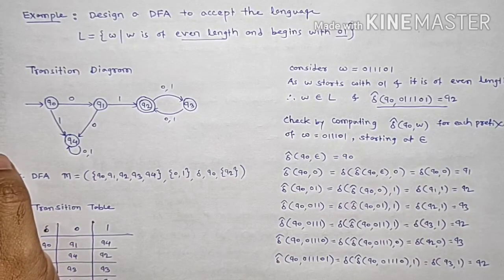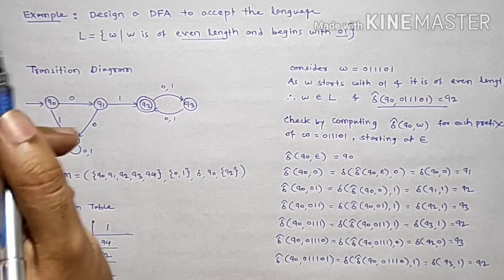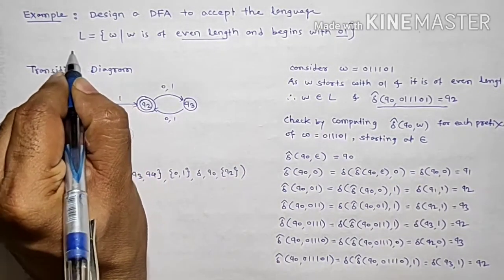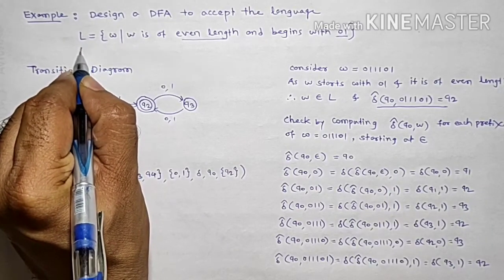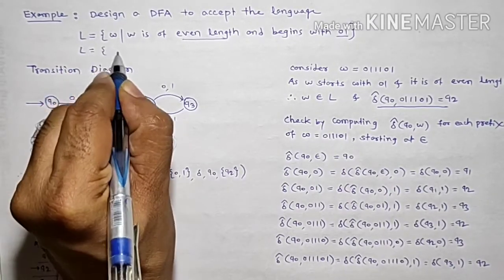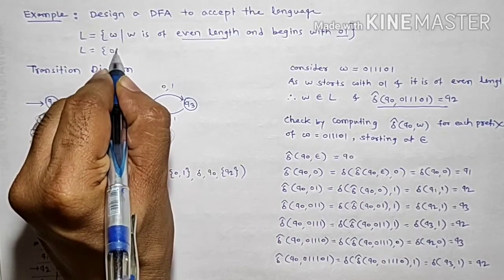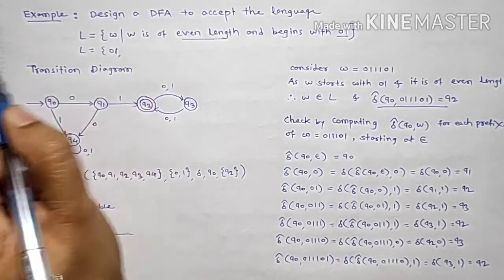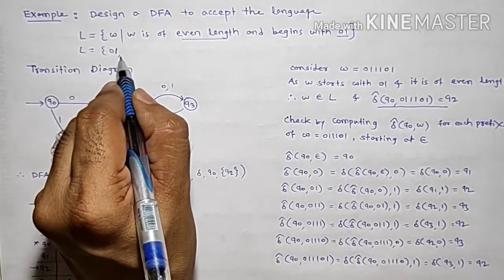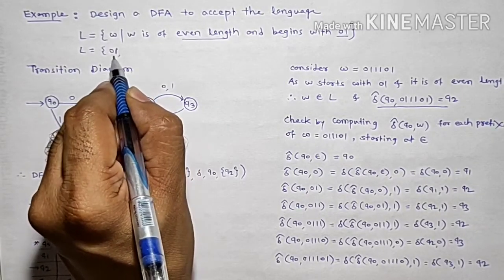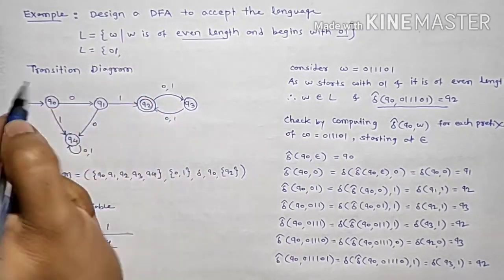Then obviously the strings belonging to the language are like this: L is equal to, so the basic string will be 0 1, because all the strings start with 0 1 and 0 1 is of even length. So the basic string is 0 1.